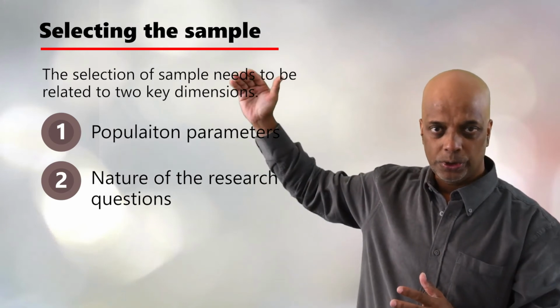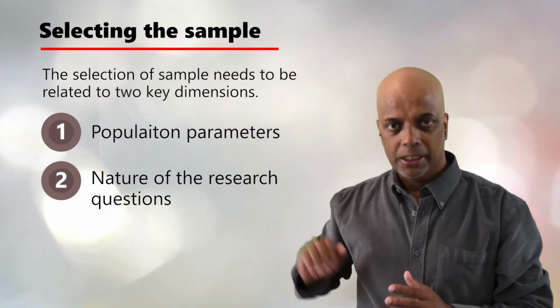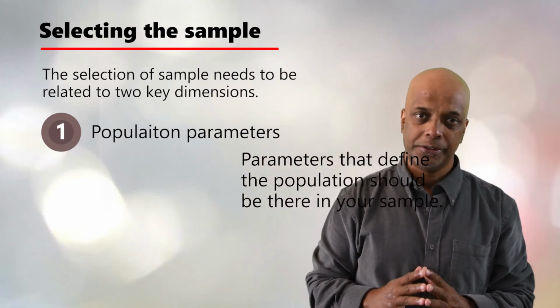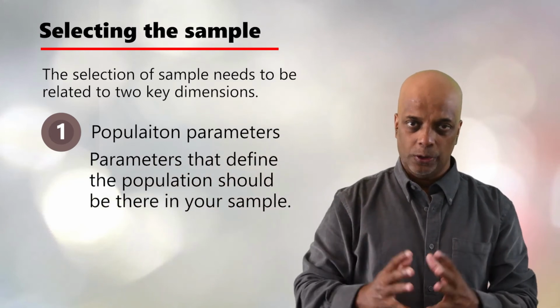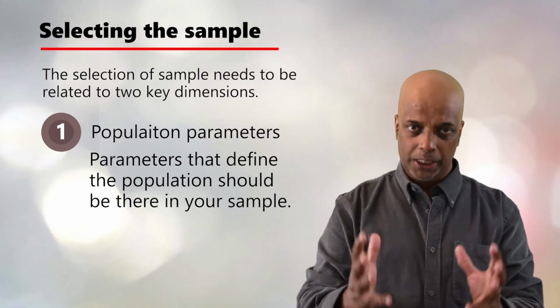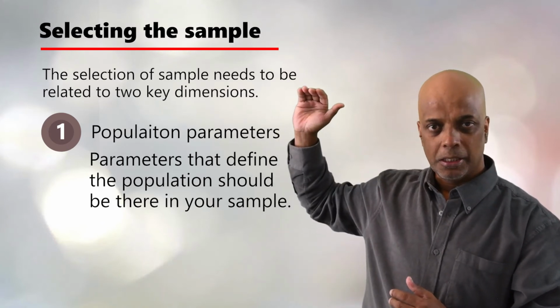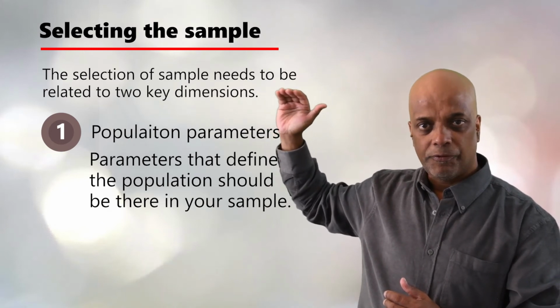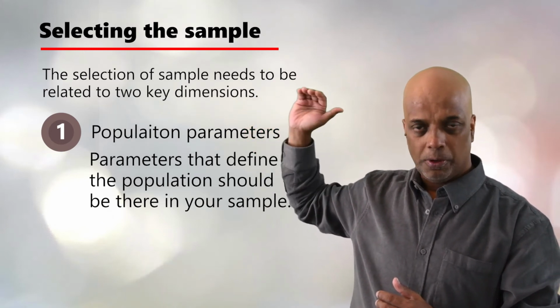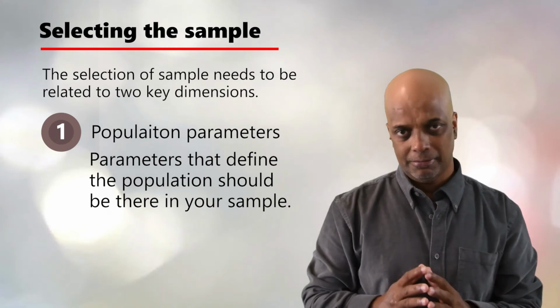So those are the two key dimensions, the nature of the population and the nature of the questions. As we already know, a sample is there to represent a population. Therefore, parameters that define your population should be there in your sample.